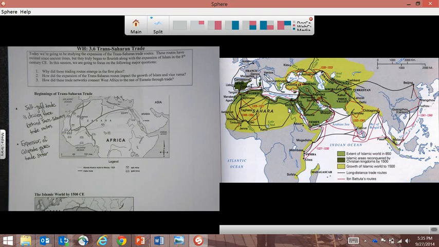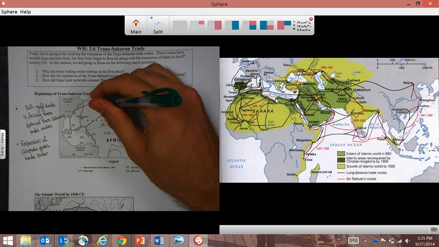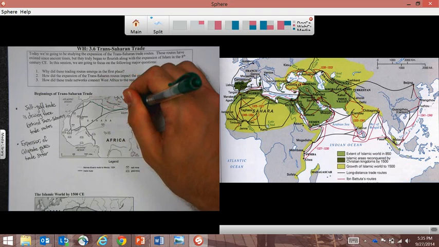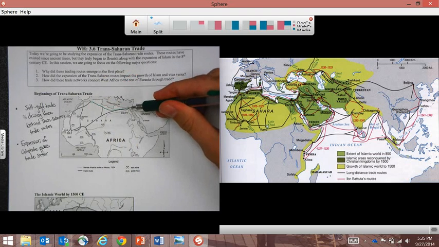But even more so, as you can see over here, this is the Trans-Saharan trade network that was developing, but it basically links up here with the caliphate and the trade routes that existed at the time across North Africa. So because of this, you're able to get goods from up here all the way over into Cairo, and Cairo was a major stopping point on these trade routes.